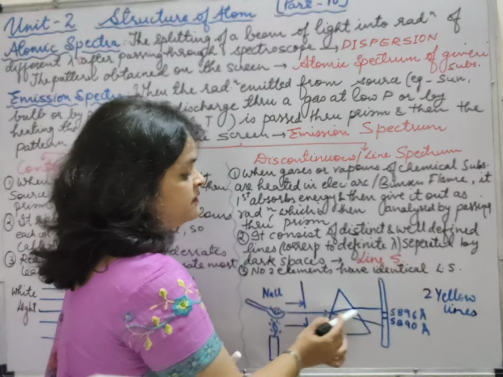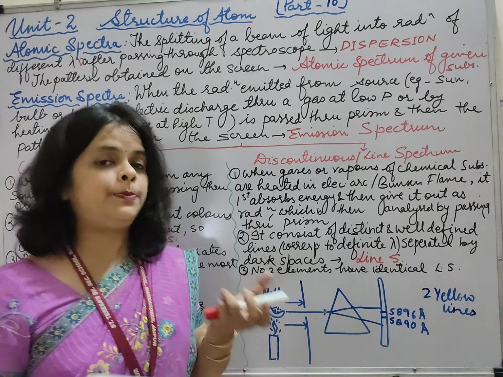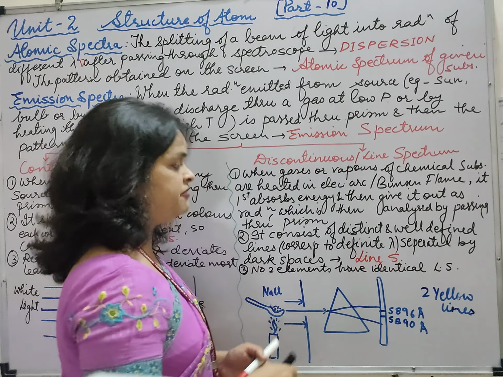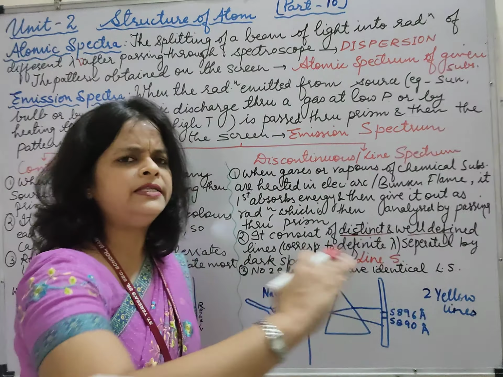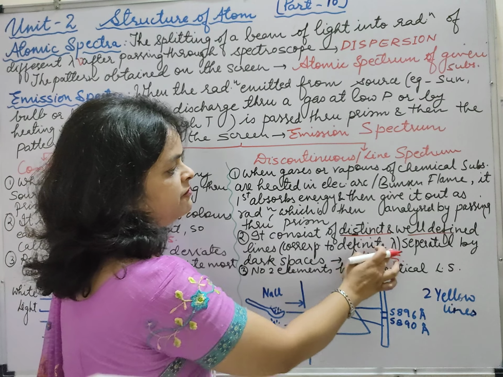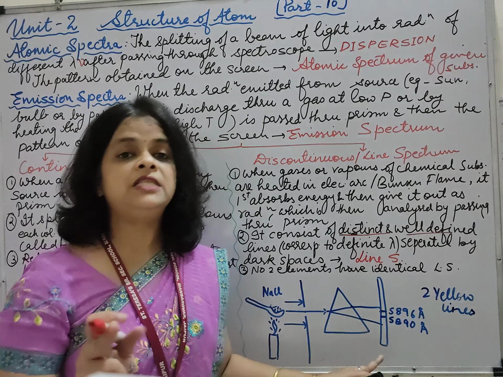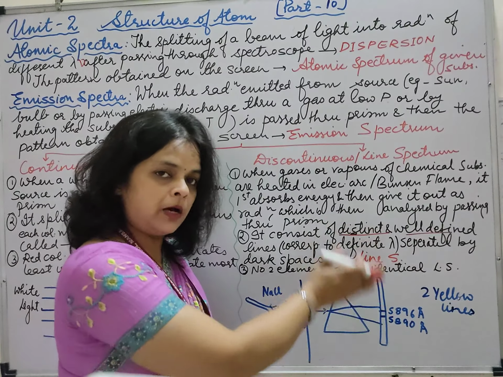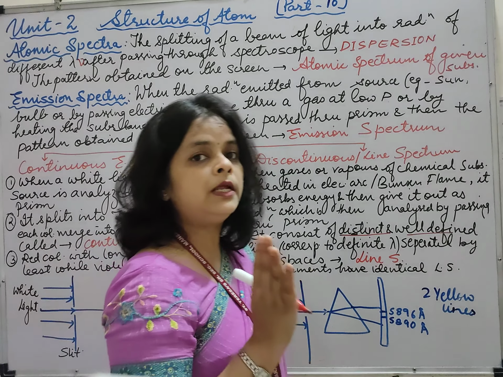Now when we see the pattern of the spectrum over here, it's a very surprising, very strange pattern you will get. It consists of distinct and well defined lines. Very important, distinct और well defined, बिल्कुल clear lines दिखाई देगी आपको. Lines corresponding to definite पर्टिकुलर वेवलेंथ की वहां पे आपको लाइंस दिखाई देंगी, कलर्ड लाइंस दिखाई देंगी, सेपरेटेड बाय द डार्क स्पेसेस। बाकी सारा स्पेस डार्क होगा, केवल कुछ लाइंस वो भी कैरेक्टरिस्टिक है ऑफ द पर्टिकुलर एलिमेंट्स.